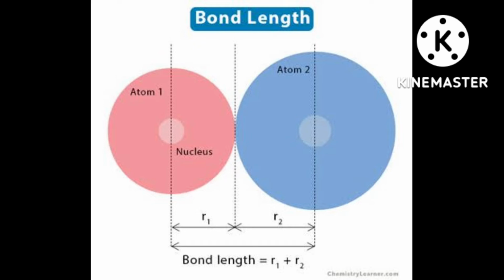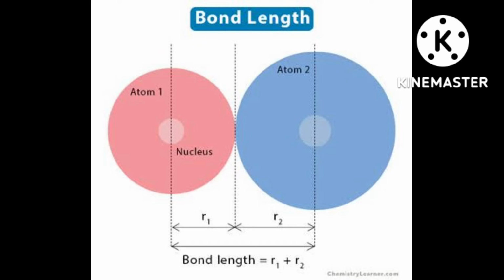The lattice enthalpy of an ionic solid is defined as the energy required to completely separate 1 mole of a solid ionic compound into gaseous constituent ions. This is the definition for lattice enthalpy.